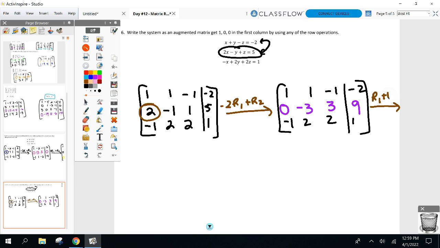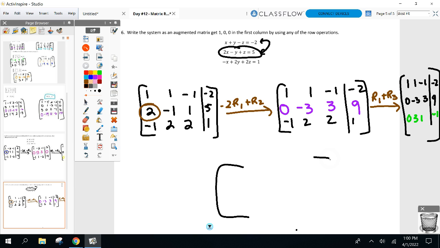Just add row 1 to row 3. 0, 3, 1, negative 1, look around, for row 3.